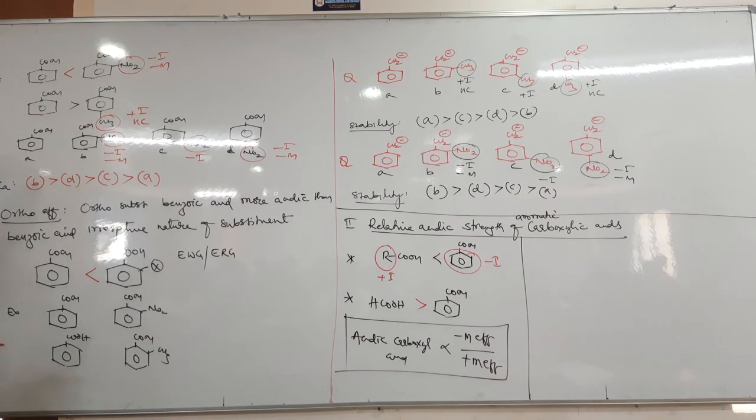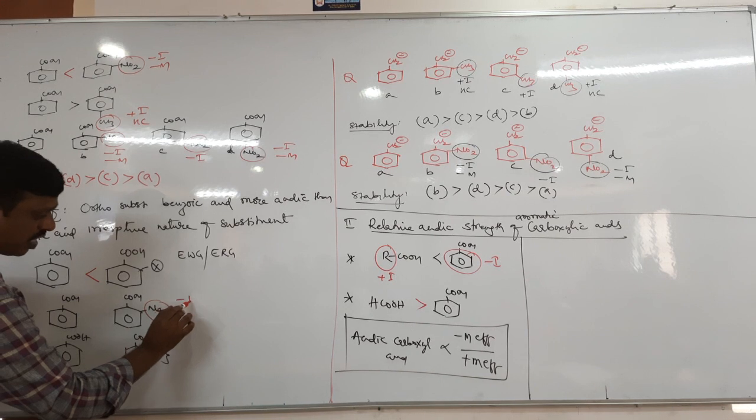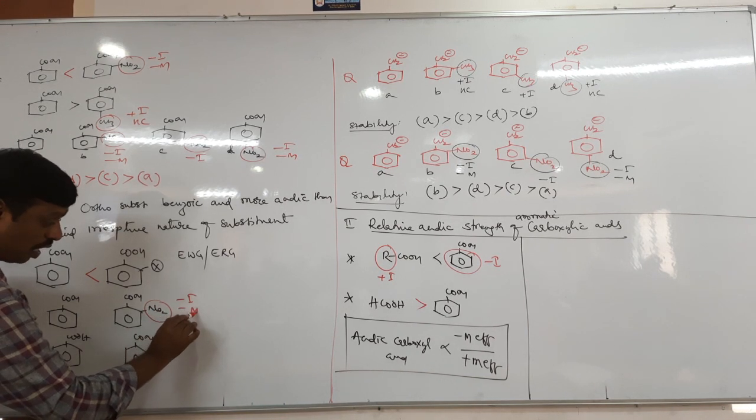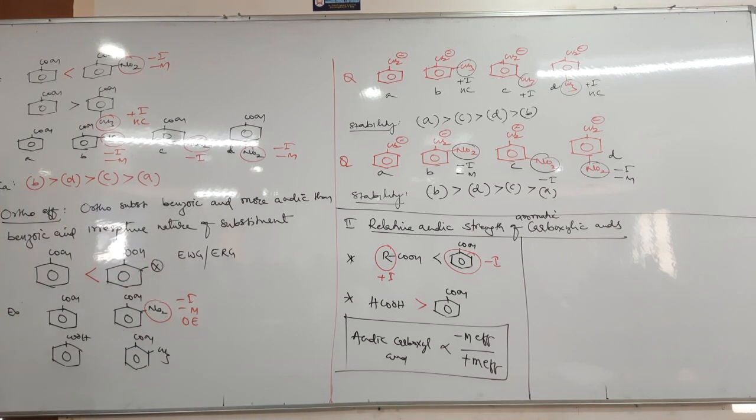First one. So what are the effects here? We know it is minus I and minus M. Along with these two, there is an ortho effect also. Due to the ortho effect, acidic strength increases much more compared to other effects. See, if there is an ortho effect, you can neglect all the other effects.